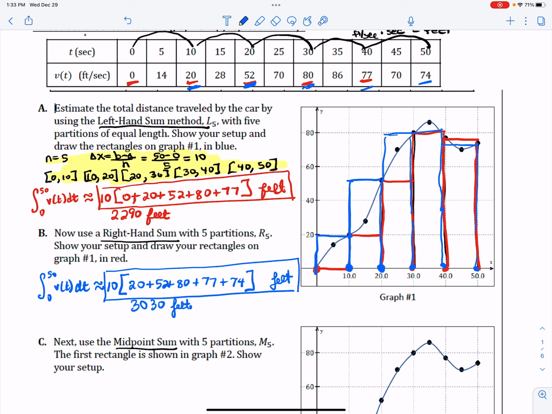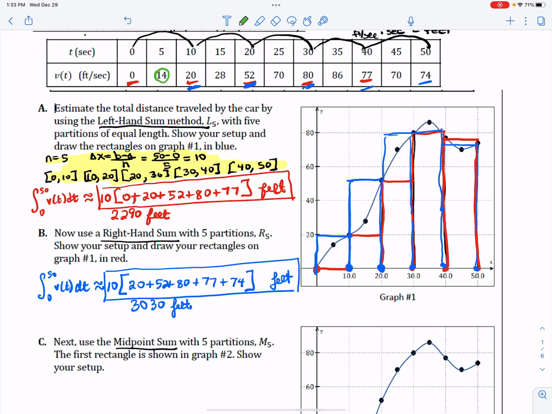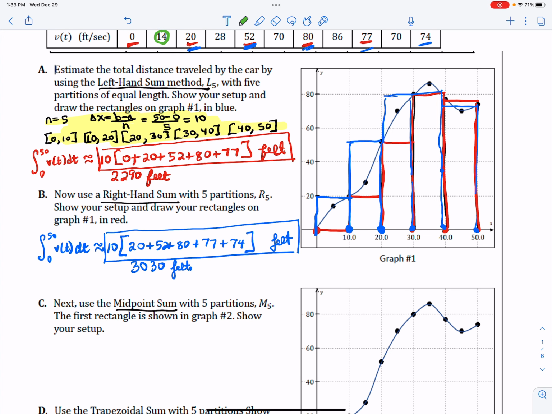in each subinterval. So the best midpoint in the first subinterval would be, and I'll do this in green, 14. That would be at 5, because that's in between 0 and 10. So midpoint RAM would be here, which would give us our 14.